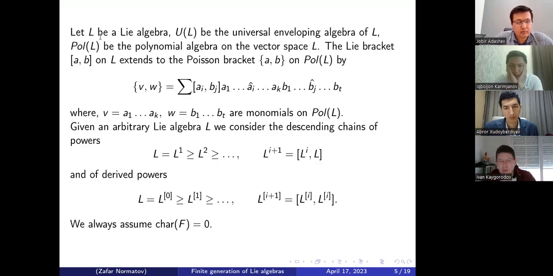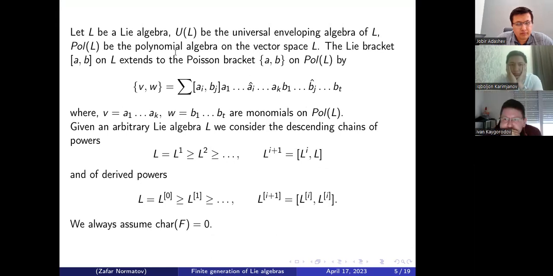So let L be a Lie algebra. UL is the universal enveloping algebra of this Lie algebra, and by Pol L we denote the polynomial algebra on the vector space L. So the Lie bracket on the Lie algebra extends to the Poisson bracket on the polynomial algebra as follows.